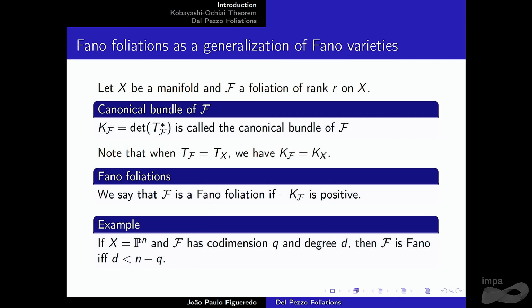Okay, so Fano foliations are basically, at least in P^n, foliations with small degree. All right? So in some sense, they are the simplest foliations you can consider in these spaces.